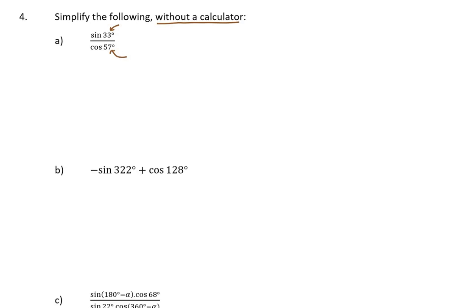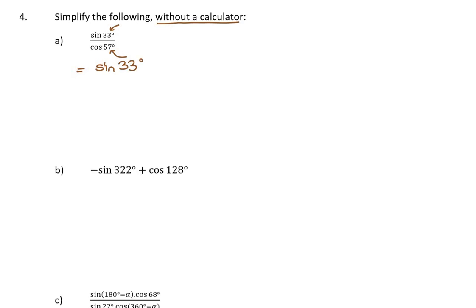And whenever you see angles that there's no ways you can rewrite them using a special angle, chances are there's a partner somewhere. So if you look at sine of 33, can I rewrite 57 using 33? So you always have to keep one of them. You can't change both of them.